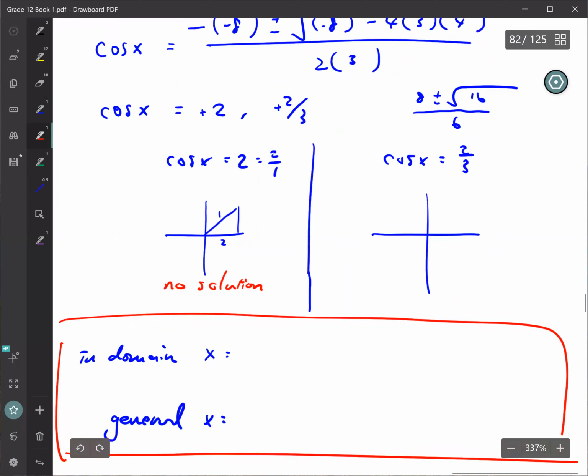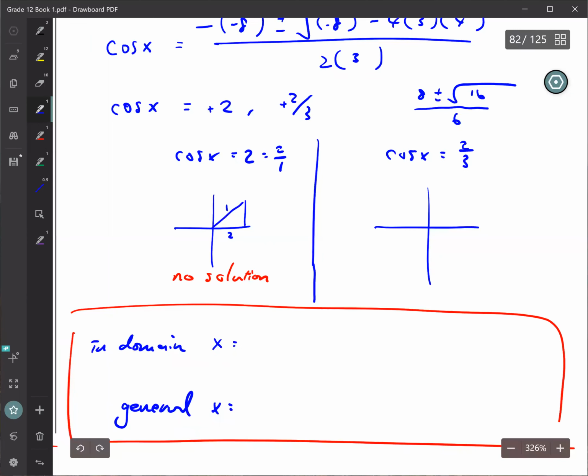But we do have a solution from the right side though, right? This one is not bigger than 1. Okay, so continue. Cindy, have you found the reference angle for the right side? I think it's 0.841.